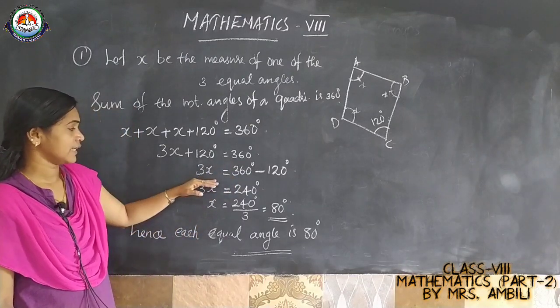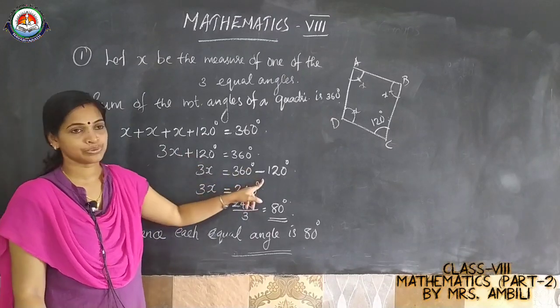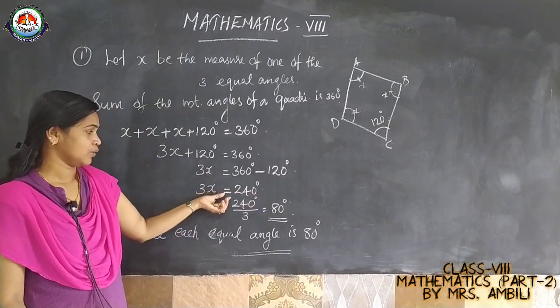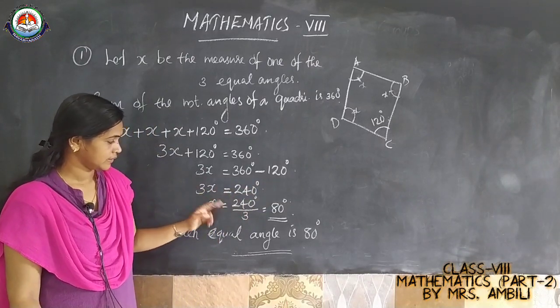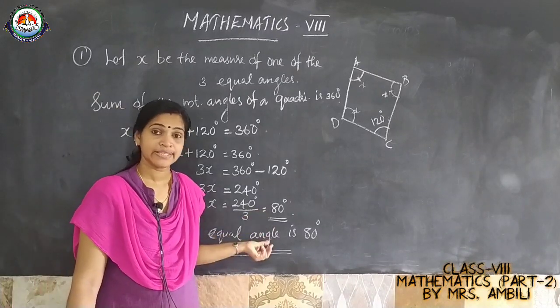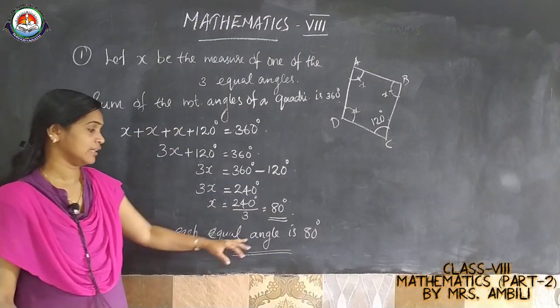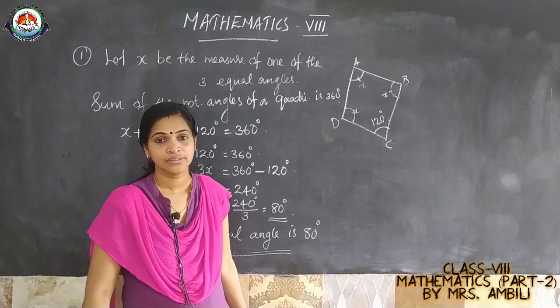So, we can write 3x equals 360 minus 120 degrees. Take this plus 120 to the right side, it will become minus 120. So, 3x equals 240 degrees. x equals 240 degrees by 3, that is 80 degrees. So, the measure of each equal angle is 80 degrees. Clear? Okay.